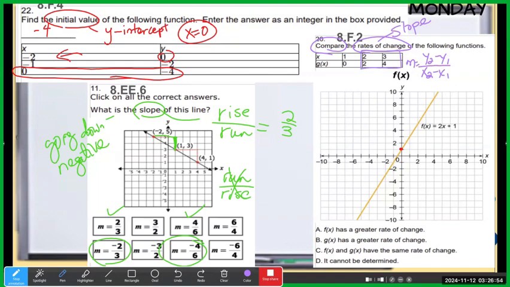Common sense says the top is X, the bottom is Y. If that's my first point, then that's my second point. So Y2 minus Y1 over X2 minus X1 is 4 minus 2 over 3 minus 2. So our slope is 2 over 1, or 2.